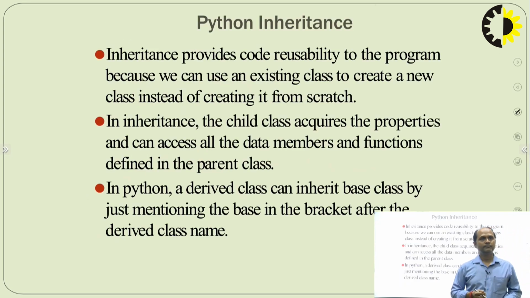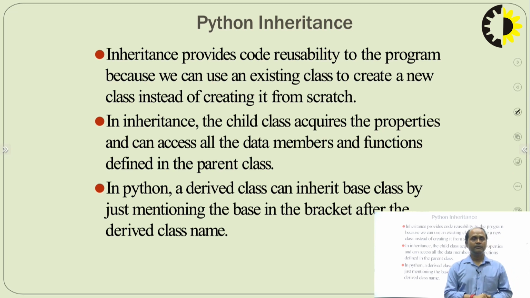Now we can come to the main topic, that is Python inheritance. We have discussed object-oriented programming. In object-oriented programming, we covered the concept of class and the concept of object. After class and object, we can discuss Python inheritance, because inheritance is a property that belongs to object-oriented programming in any language.